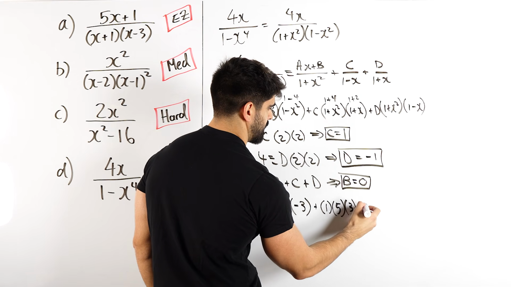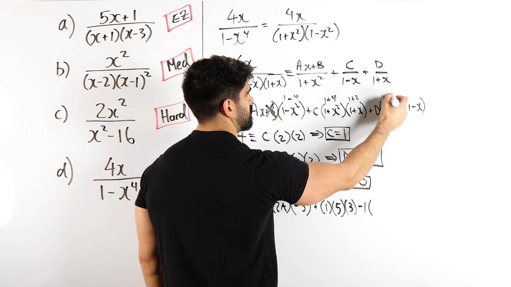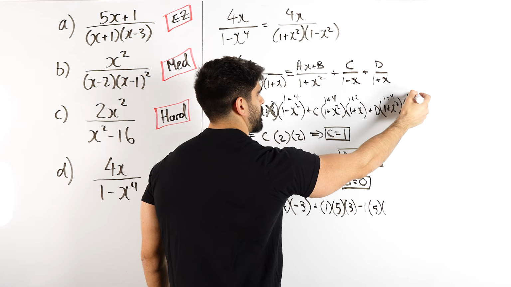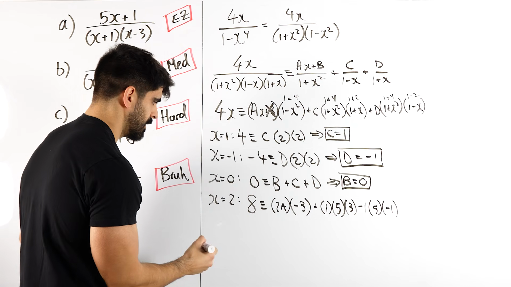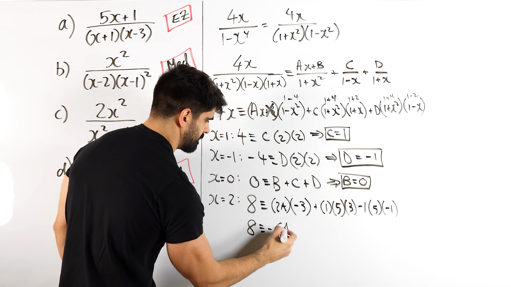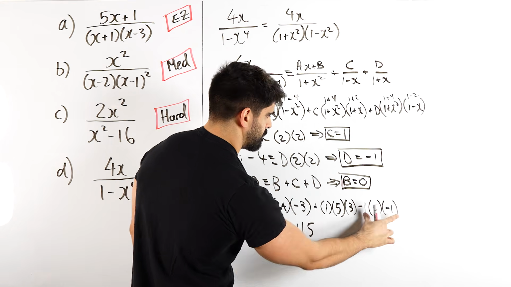And d is minus 1, lots of 1 plus 2 squared, so 5, and then we get 1 minus 2, minus 1. So we get 8 is minus 6a plus 15 plus 5.